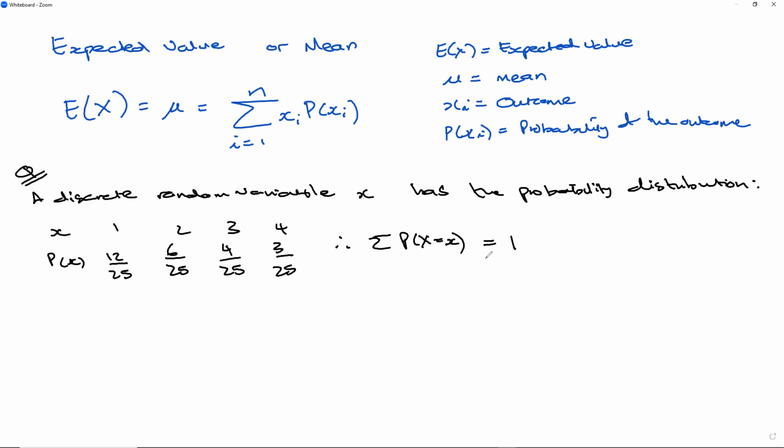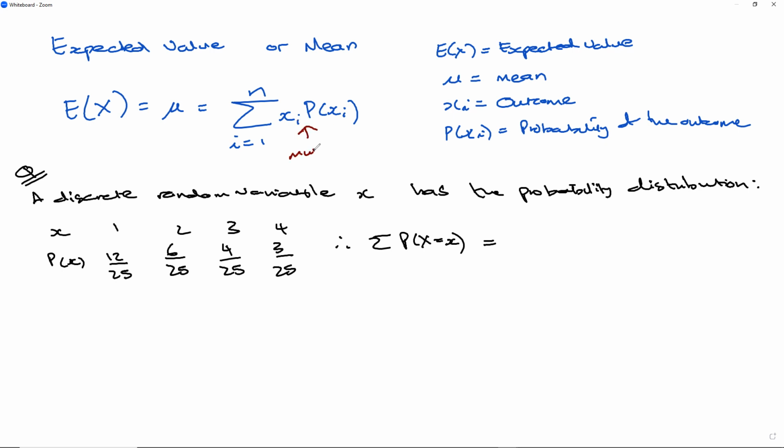Okay, so from this, what we're going to do is move on to finding the expected value. The formula for the expected value says you take the observations. All of these are xi's: x1, x2, x3, and x4. And because this is a summation, you put 1 in there, then you change it to 2, then 3, then 4.